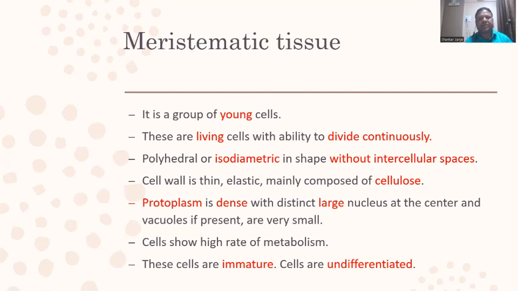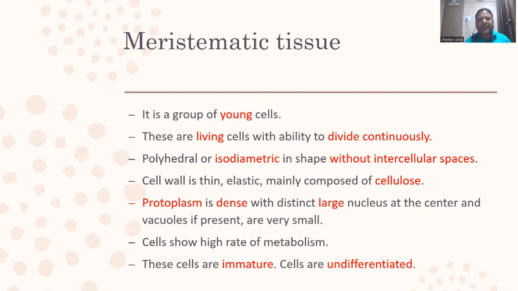What are the characteristics of the meristematic tissue? As I have told you, it is present at the apex of root and shoot. It is a group of young cells. Meristematic tissue or meristem is a group of young cells. These are living cells with ability to divide continuously.